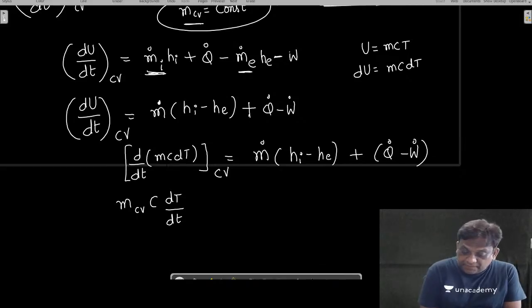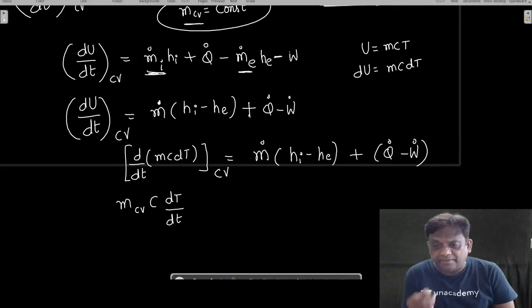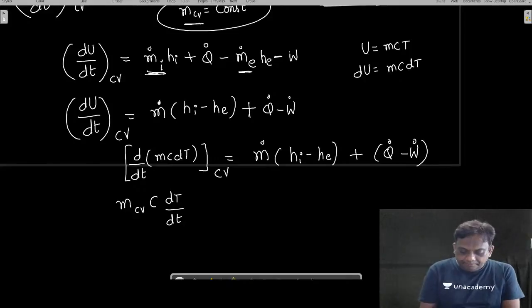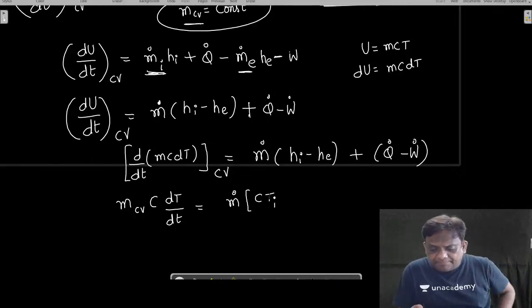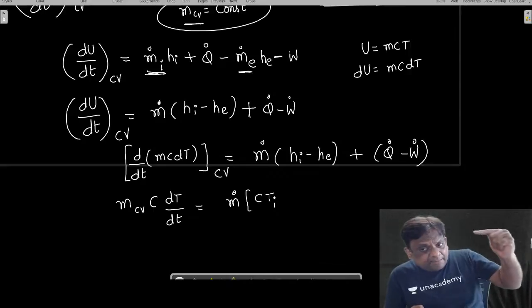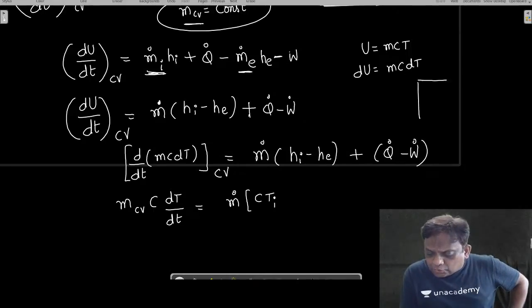Because specific heat of the liquid is not changing with time. We assume it to be constant. And dT by dt is equal to, listen carefully, m dot, look carefully, hi. Can I write hi as CTi? Anyone in the class? What is hi? It is the enthalpy at which the fluid is entering the control volume.